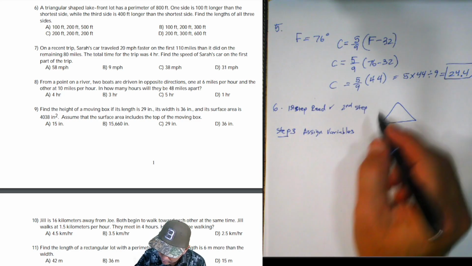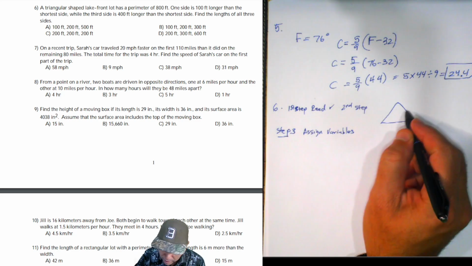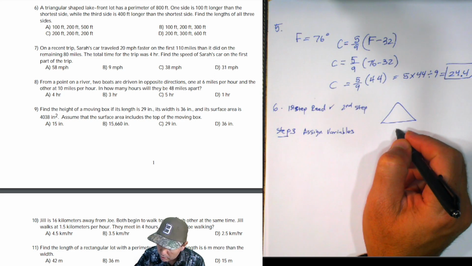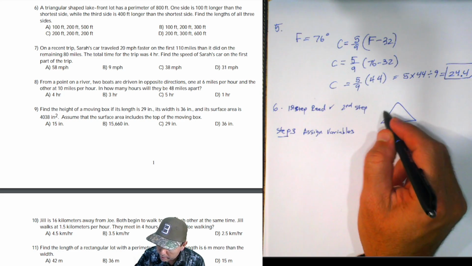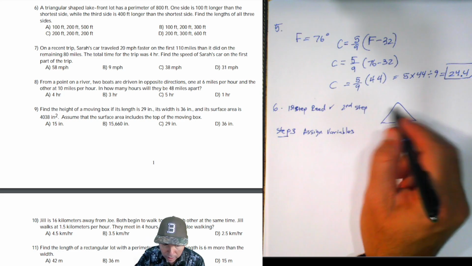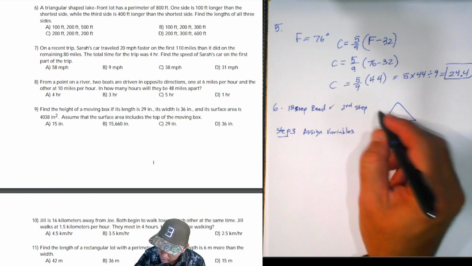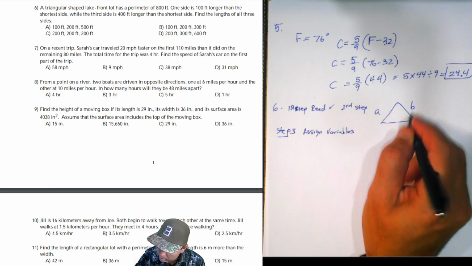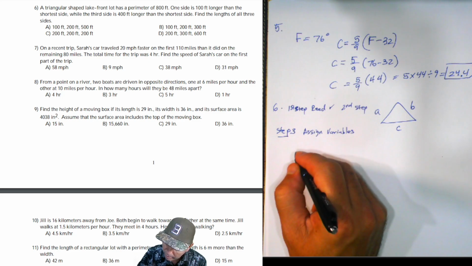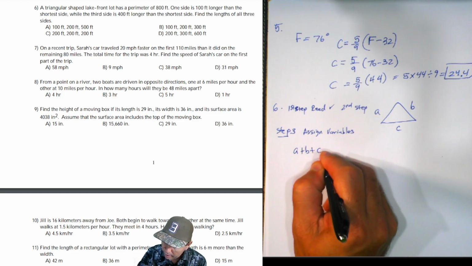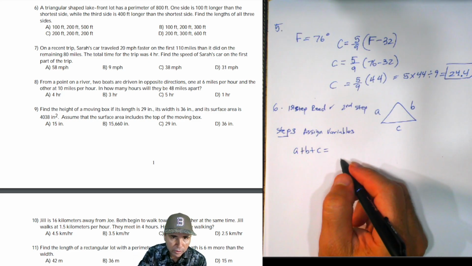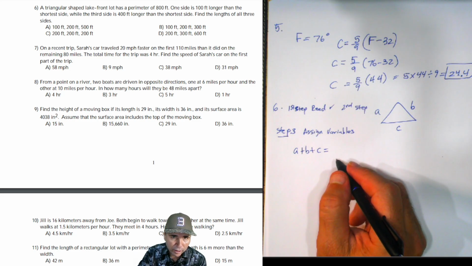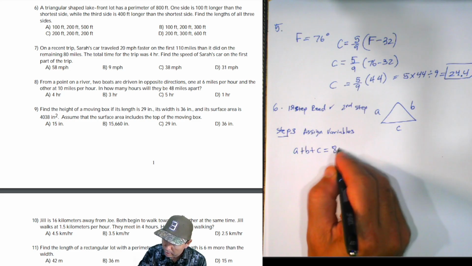So whatever we call these things, A, B, C, first, second, and third, whatever you want to call them. I'm just going to call them A, B, C. Just keep it simple. But we know that A plus B plus C is the perimeter all the way around.